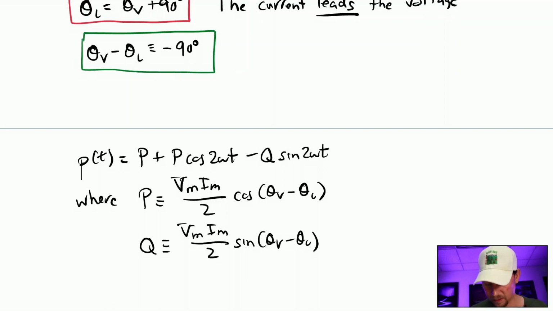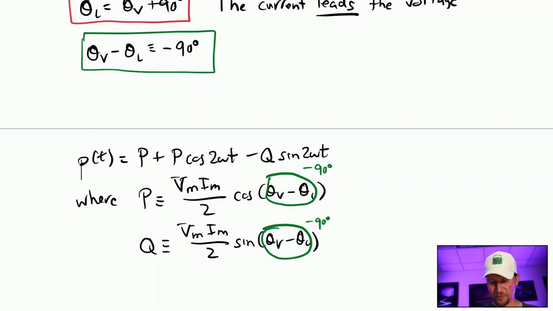Notice that this in here and this in here, they're both minus 90 degrees. Now, the cosine of minus 90 degrees turns into 0, and the sine of minus 90 degrees turns into minus 1.